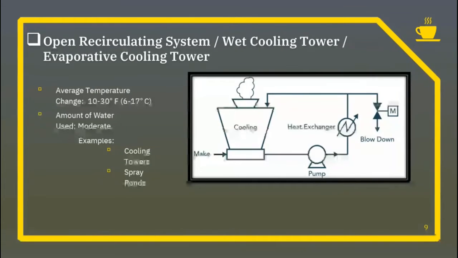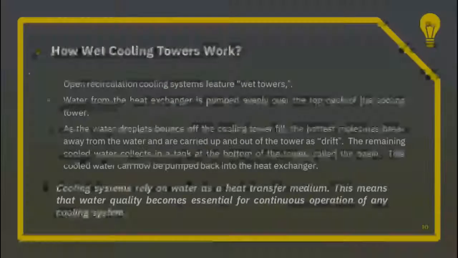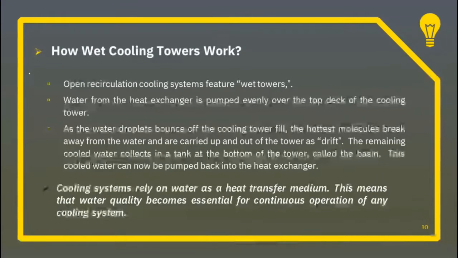How wet cooling towers work? Open recirculation cooling systems features wet towers where cooling water comes in direct contact with upward airflow. Water from the heat exchanger is pumped evenly over the top deck of the cooling tower.